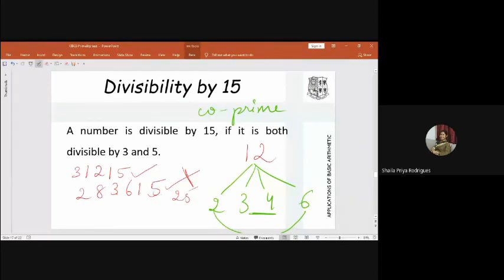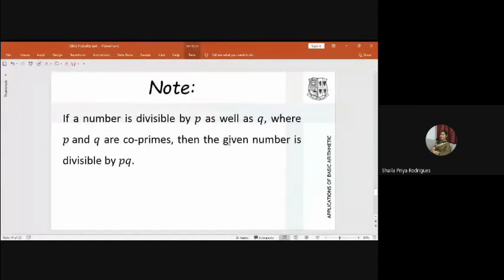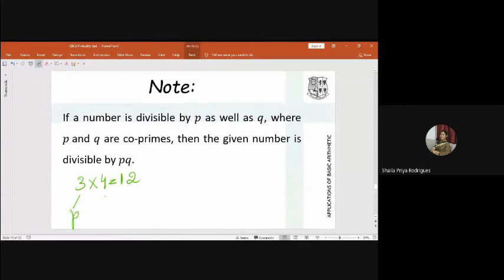I want you to write a note next. If a number is divisible by p as well as q, where p and q are both co-prime, then the given number is divisible by their product, pq. In the divisibility test for 12, p was 3 and q was 4. 3 and 4 are co-prime, and their product is 12.